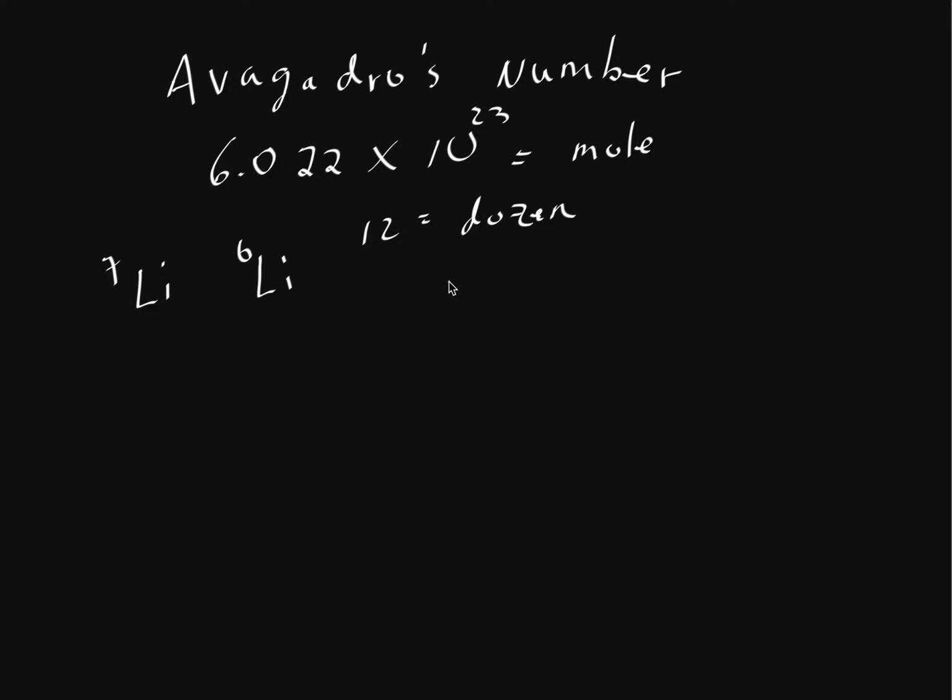Now, in the natural world, lithium has an atomic weight of 6.941. Now, this number does have units. This is the atomic weight that you would see in a periodic chart.